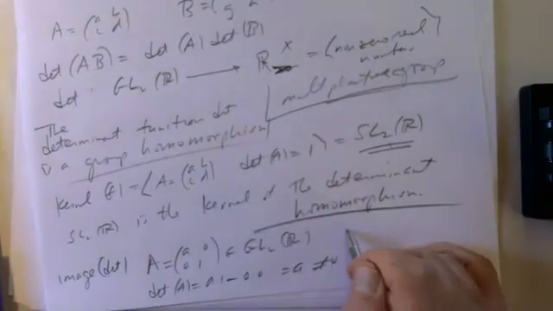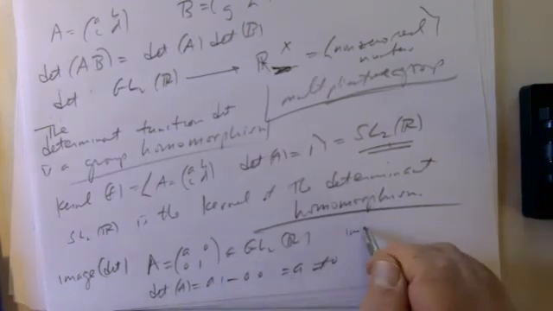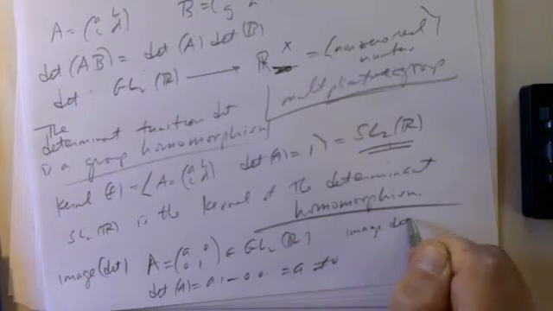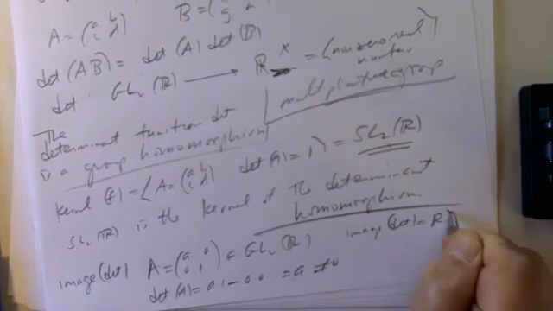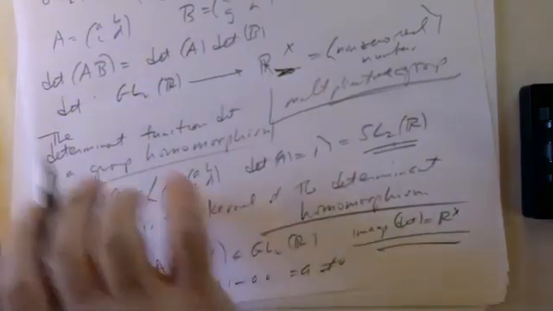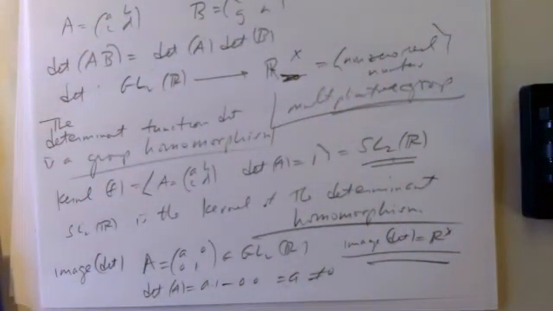So every real number different from 0 is the determinant of some 2 by 2 matrix. So the image of the determinant is all this multiplicative group. So this group is definitely not 1-to-1, but it is onto.